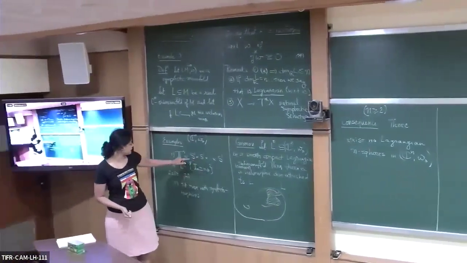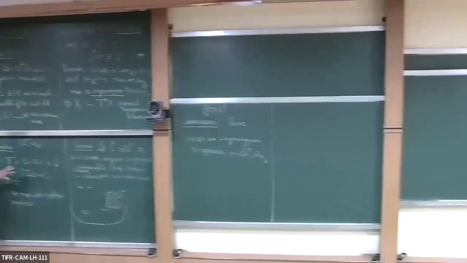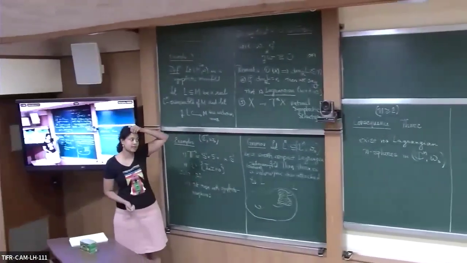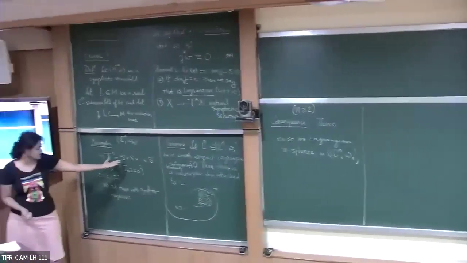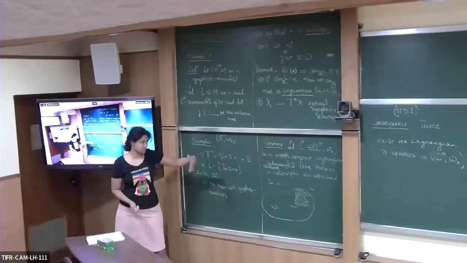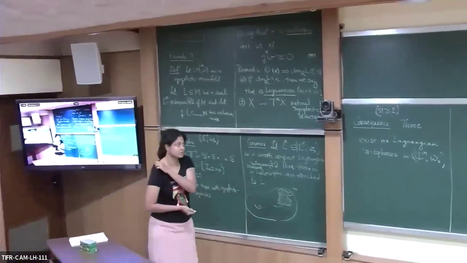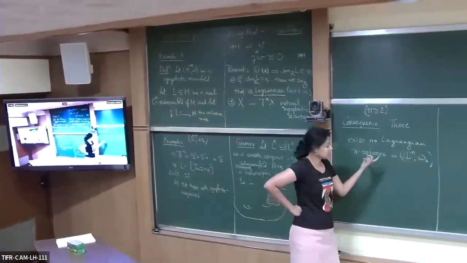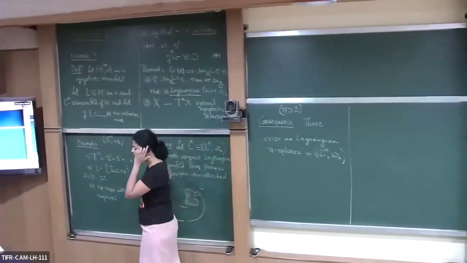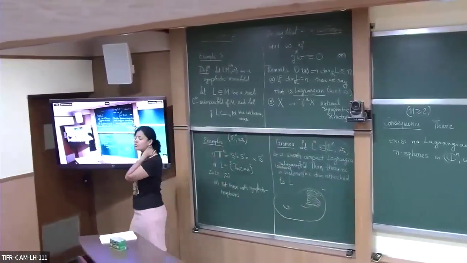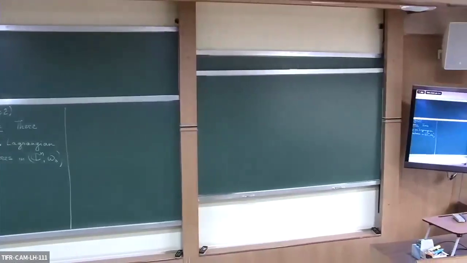So we have this, let's say in C2, the standard torus that can embed as a Lagrangian submanifold. I've given you one example. You hit it by symplectomorphisms, and you get many examples of Lagrangian tori. But something as simple as a sphere cannot be embedded. There's no Lagrangian sphere in Cn.